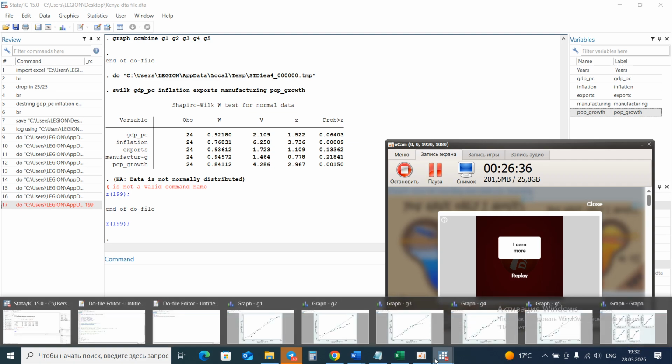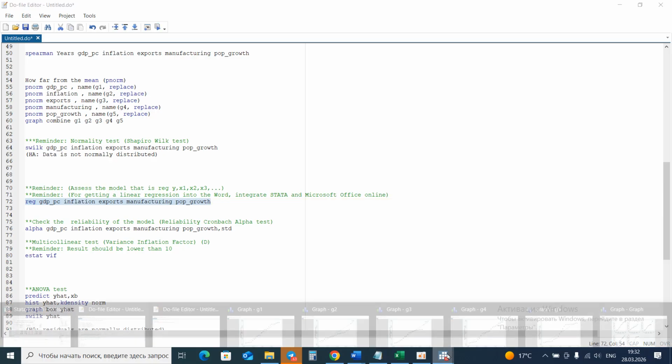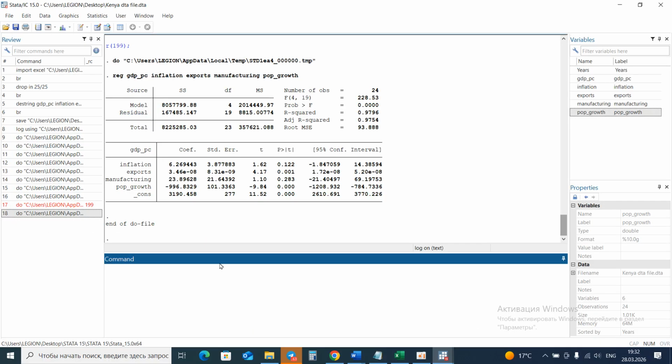So next, this is the regression test, or OLS regression. We'll also execute it and find it here.